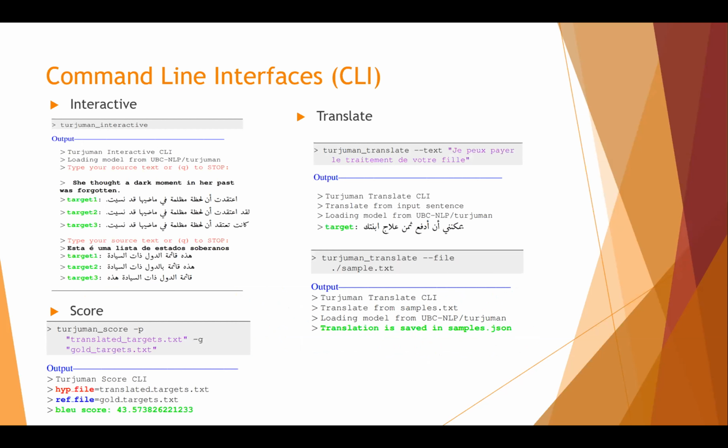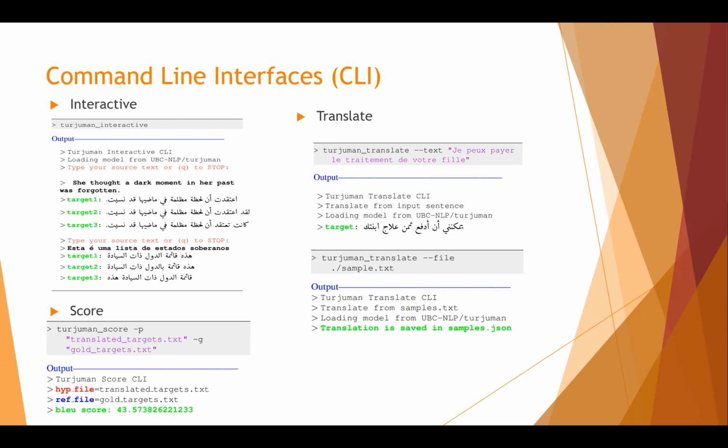In the meantime, we are providing the source code of TURJUMAN, and we also provide multiple command line interfaces to make it easy for everyone to translate, evaluate, or check the model and use it on their datasets.